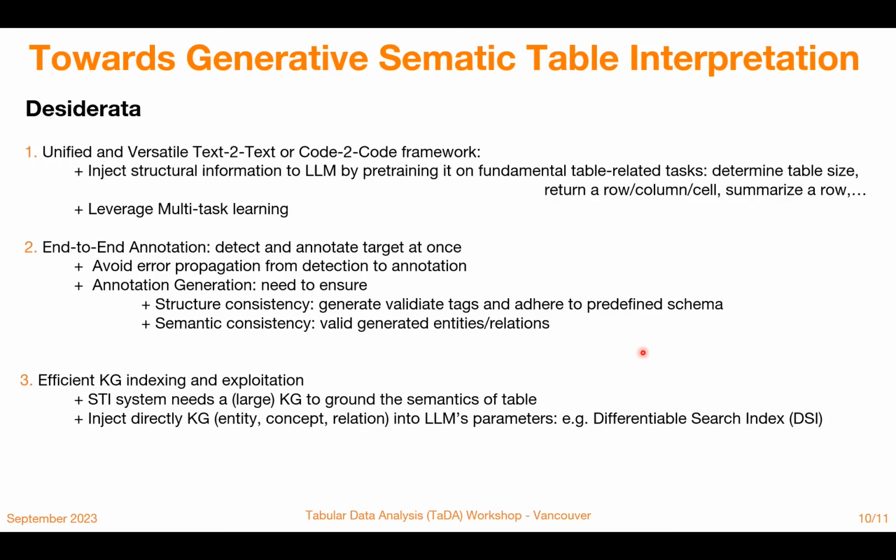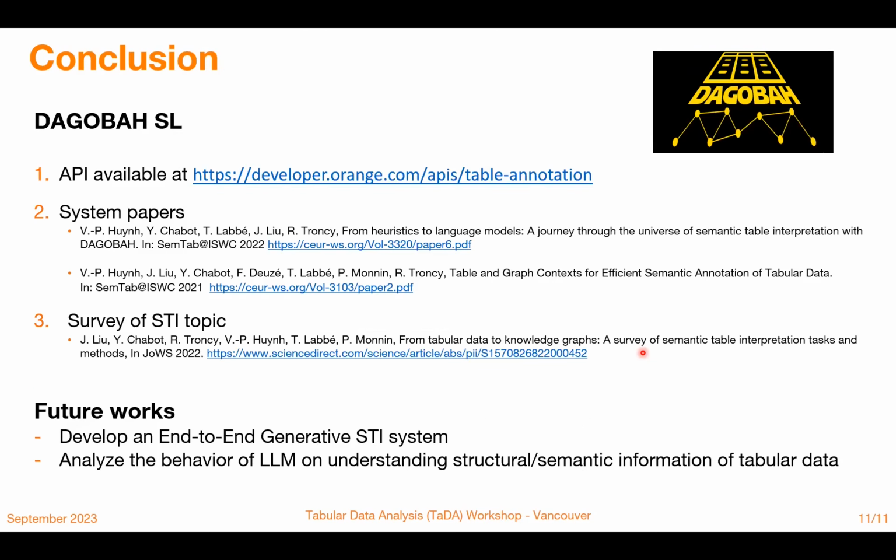Second, the detection of the targets and the annotation should be performed at once to avoid error propagation from detection to annotation. And the generation of the annotation needs to ensure consistency in structure and semantics. As we need a knowledge graph to grasp the semantics of the table, it is necessary to have efficient knowledge graph indexing and exploitation.